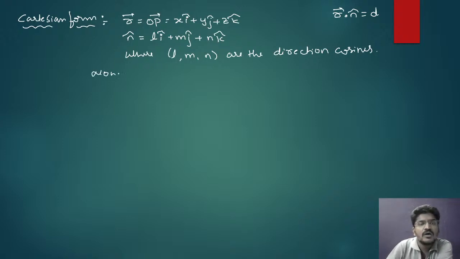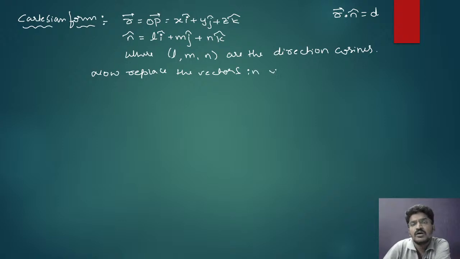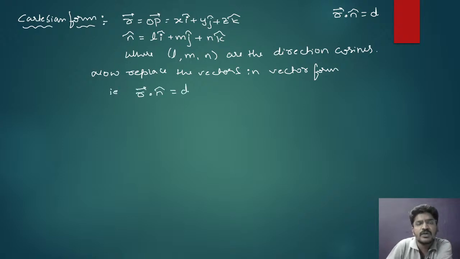Now replace the vectors in vector form. That is vector r dot n cap equal to d. R is what? Xi cap plus yj cap plus zk cap.